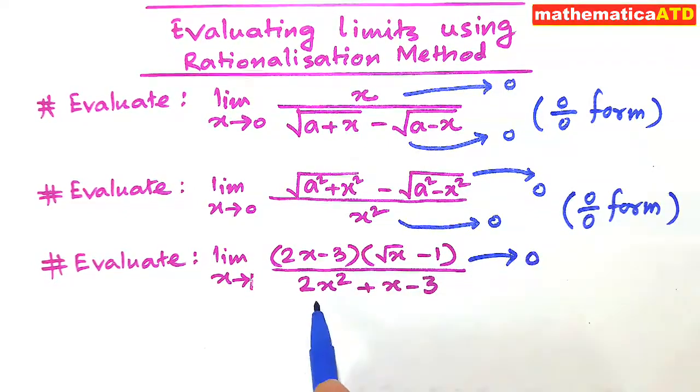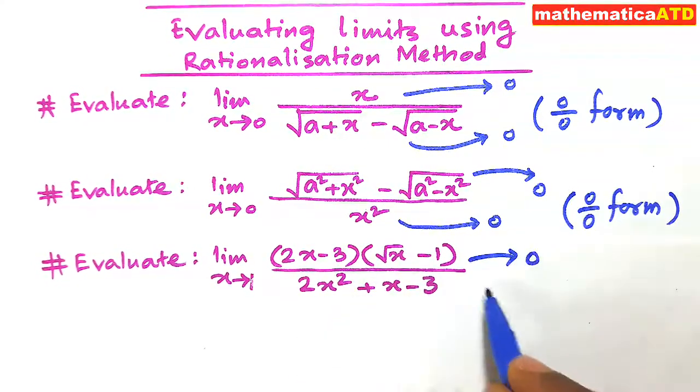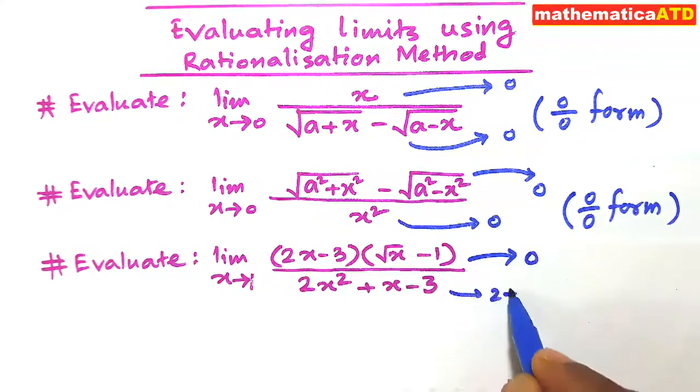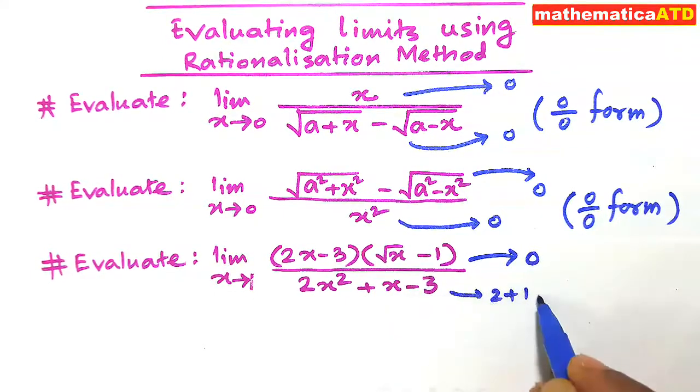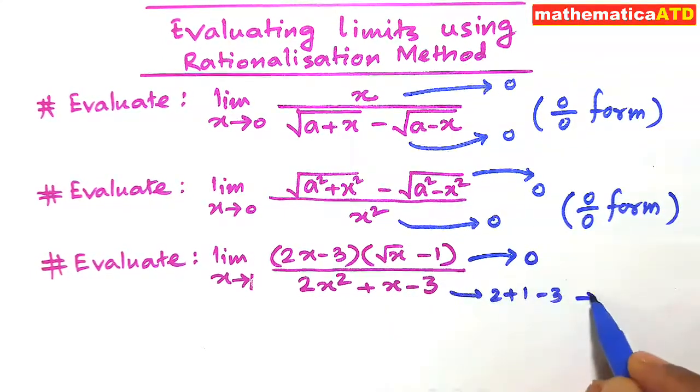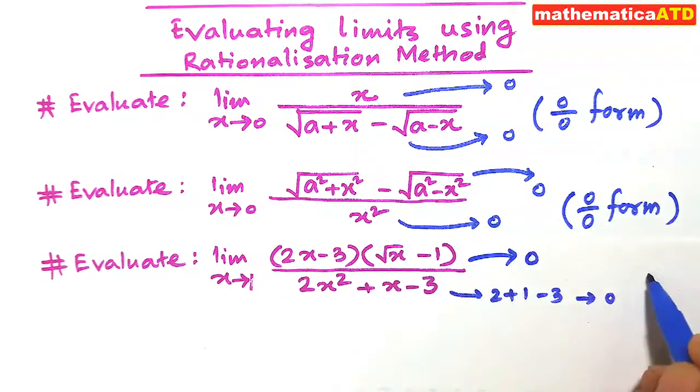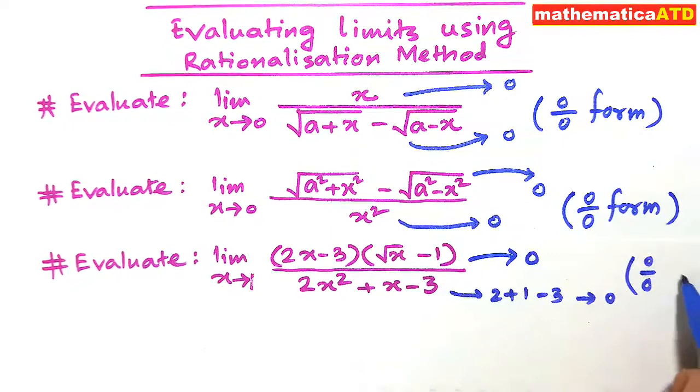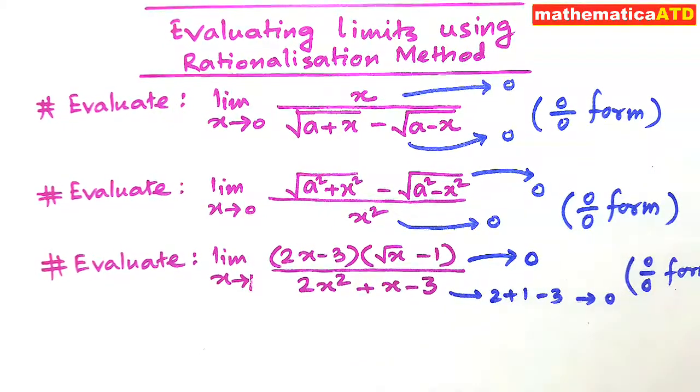And the denominator is 2 times 1 square, which is 2, plus 1 minus 3. It is giving us 0. So again from the third one, this is also 0 by 0 form and it is again an indeterminate form. So we shall now start with the first example.